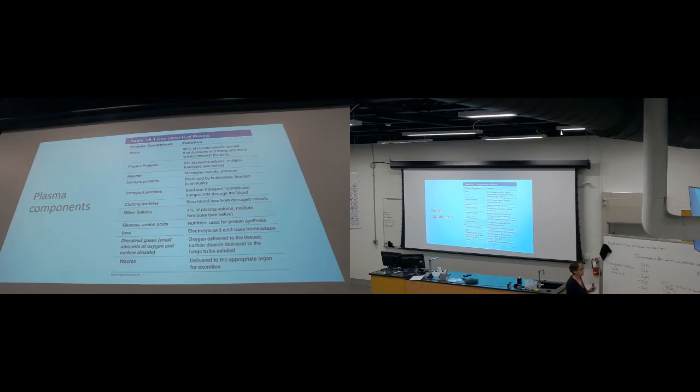If someone has high levels of urea, this is known as azotemia.